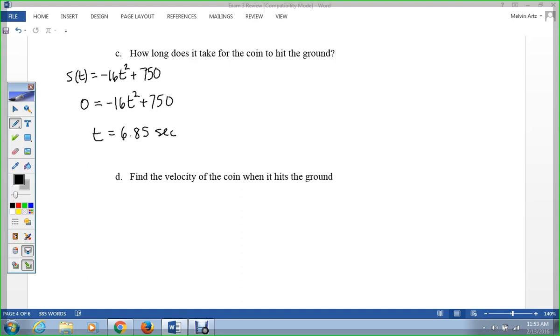Find the velocity of the coin when it hits the ground. Well, again, to find the velocity, we know the velocity function comes from the derivative of the position function. So that would be negative 32t. So we're trying to find v of 6.85. That would be the velocity at the instant the coin hits the ground.